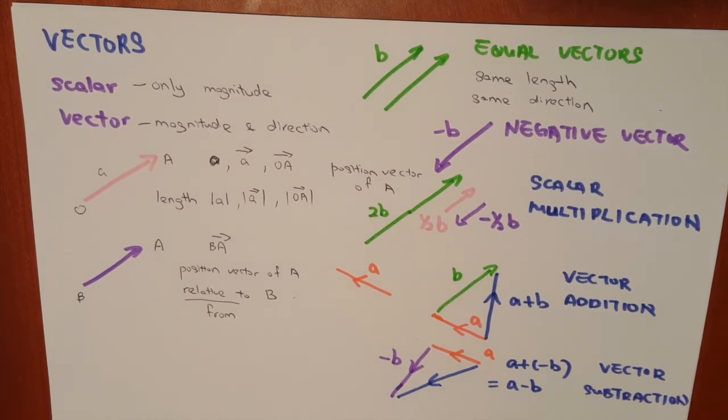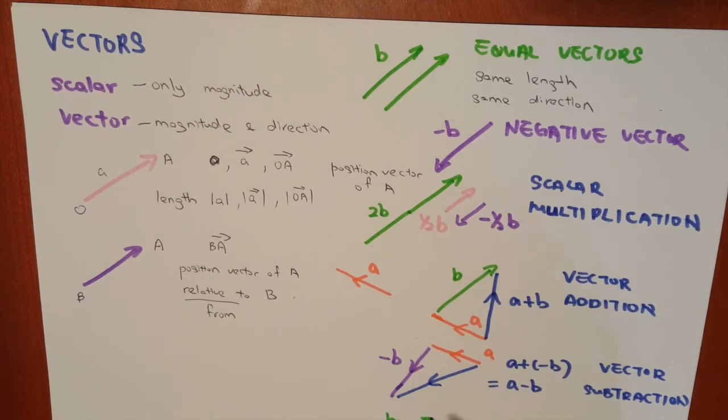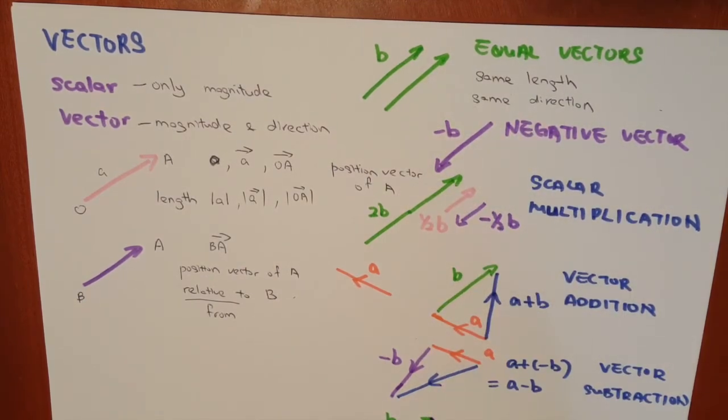Okay, and what if I have a vector B, from here to here, and I also have another vector, negative B, starting from the same point and drawing back to here again? If I have a vector B and a negative B, what is the resultant vector?